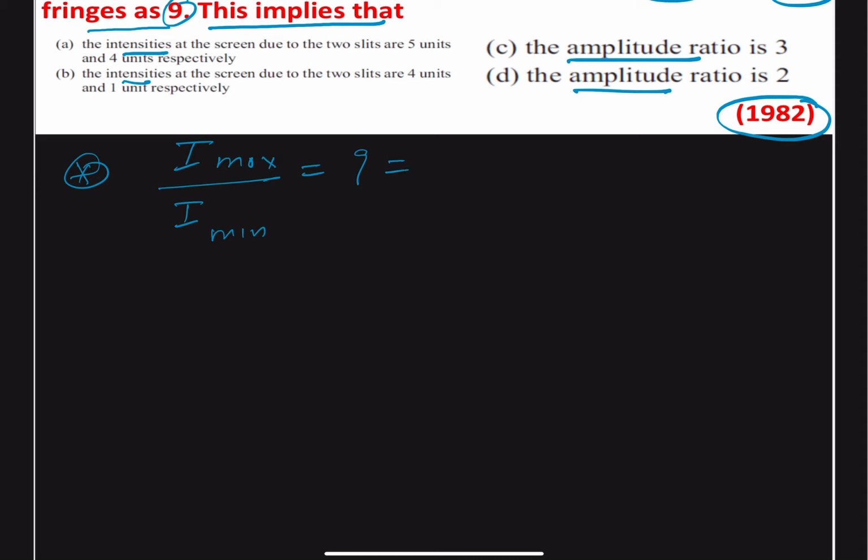Maximum and minimum can also be written in terms of the intensity of the two sources, or two slits, as square root of I1 plus square root of I2, whole square, over square root of I1 minus square root of I2, whole square.